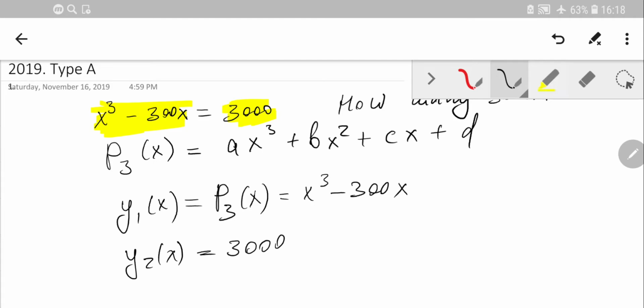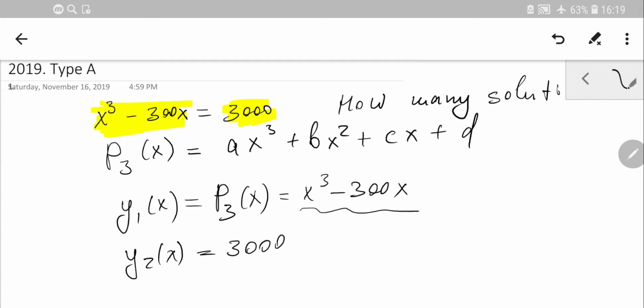Why did I decide to choose that approach? Because this graph is pretty easy to build and sketch if you want a graphical solution. If you want to do it using calculus, using differentiation, you can do it another way. So I'll try to show both ways.